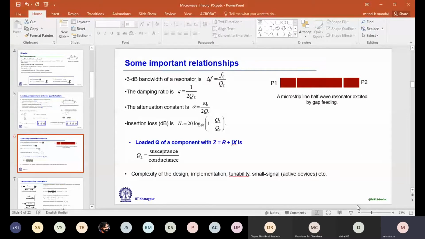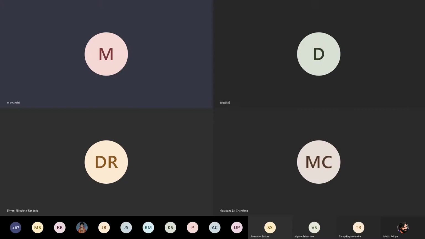Okay, better let me use my whiteboard. Then you can see the whiteboard.